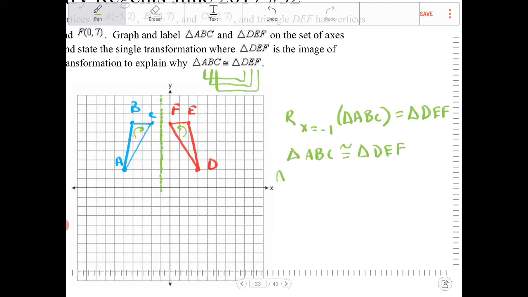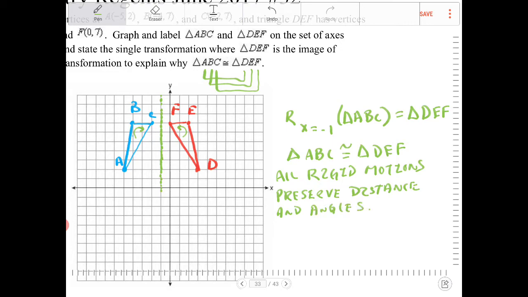So all rigid motions preserve distance and angles. Therefore, the two triangles must be congruent.